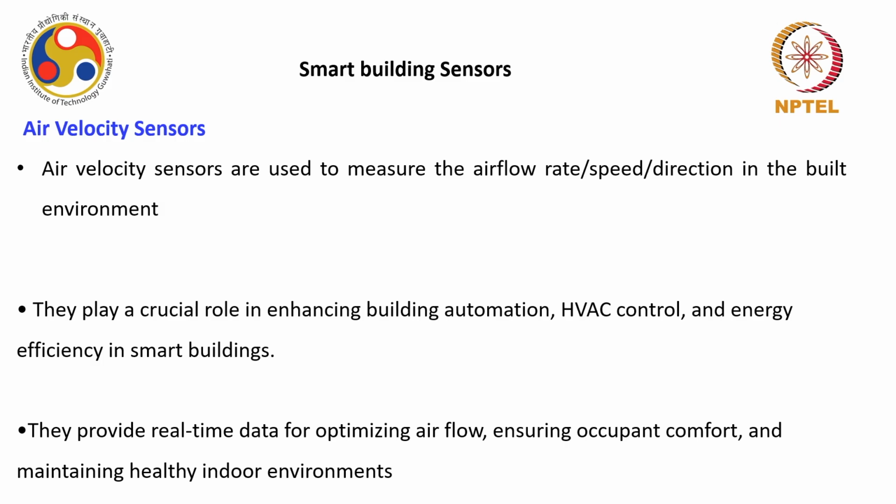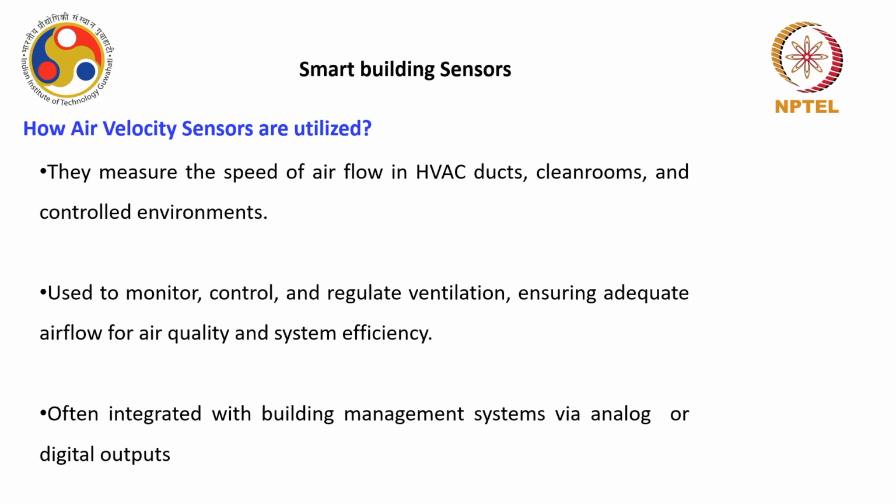Basically, in any smart building you have a certain level of airflow. It can be laminar flow or turbulent flow, depending on what kind of building architecture has been adopted. Depending on that, the air circulations are designed in a smart building.